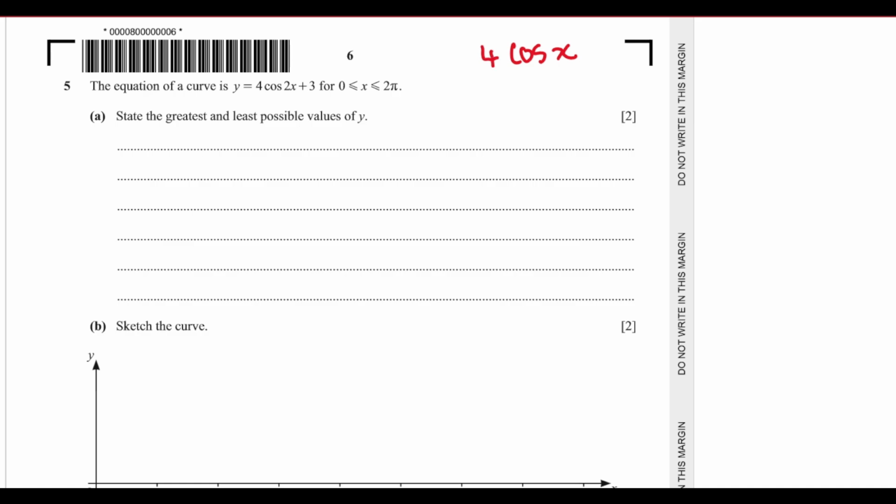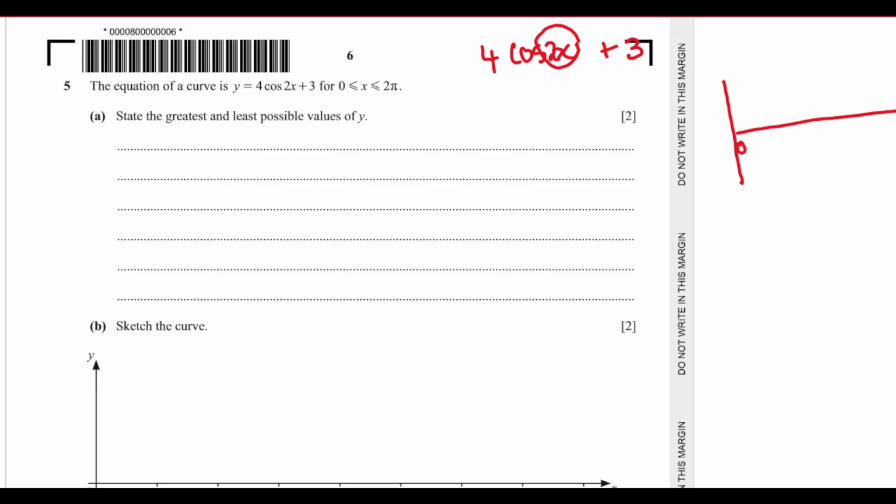It's been multiplied by 4 in the y and multiplied by 2 in the x, and we've added 3 onto it. What do all those numbers do to the original curve? The 2x just changes the period, as in how regularly the curve will repeat.